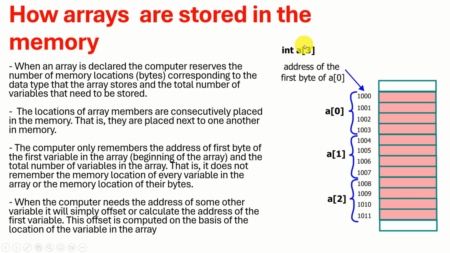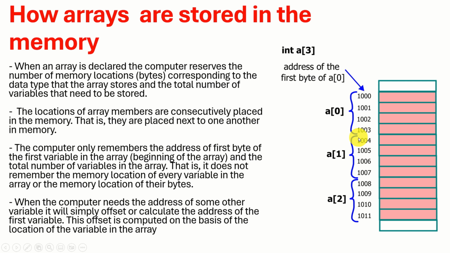And here is an example. Over here we declared a to be an integer array. Here is the address of the first byte of A0, and A0, since it's an integer variable, occupies 4 bytes.